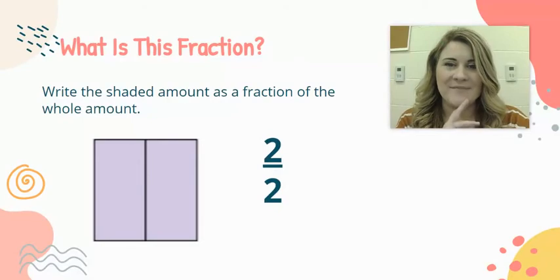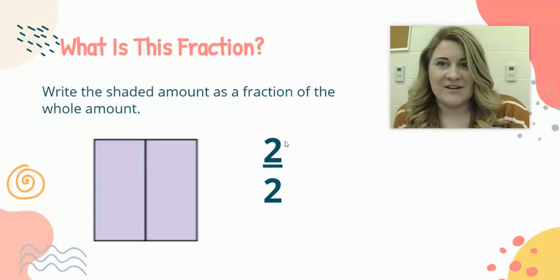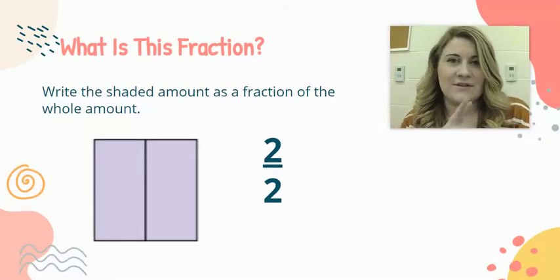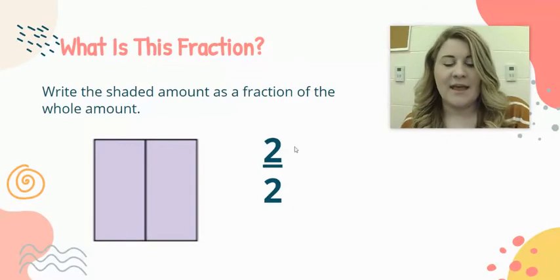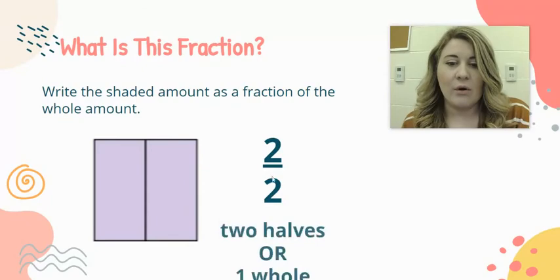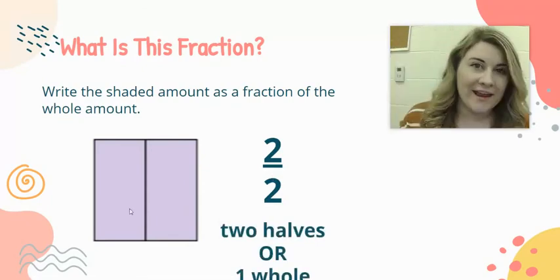They're all colored in. So when you have this fraction, you can read this in 2 ways. We're going to read it like the normal way, like we've been practicing. So the number on top is 2. And then this, you would read like a grade level, except for when you see 2 on the bottom, because that is halves. So this we would read as 2 halves or 1 whole, because the whole thing is colored in.